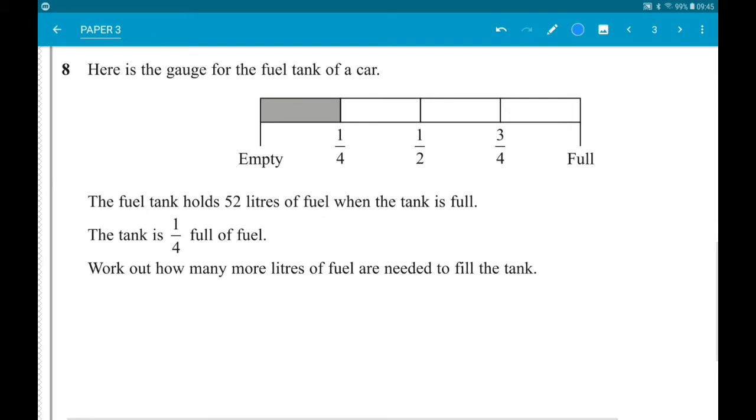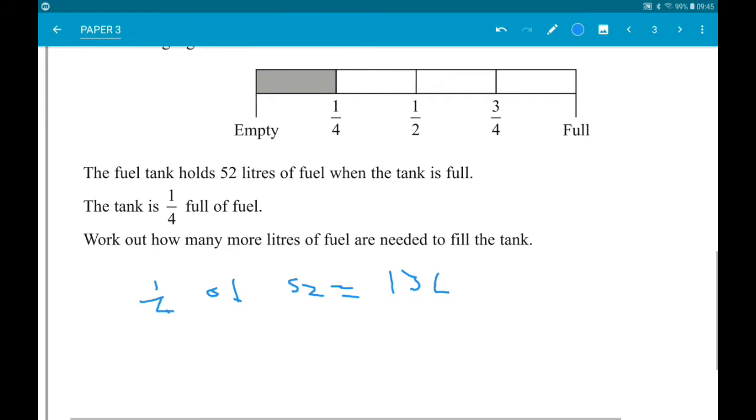So 1/4 of 52 is 13 litres. So we need 3 times that to fill the tank, which is 39 litres.